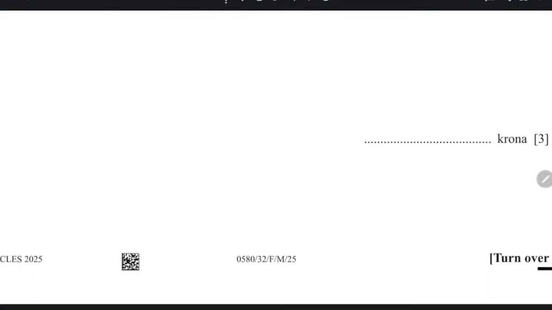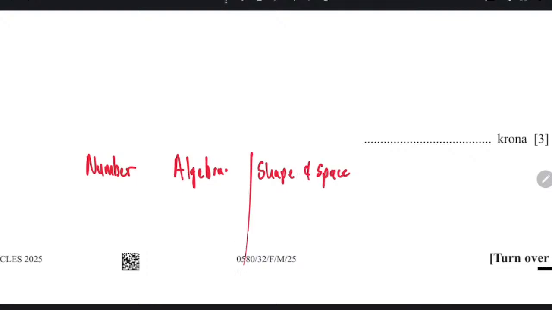There is number, there is algebra where you have factorizing, expanding, whatever, and then there is shape and space where you have circle theorems, transformations, and then you have statistics. The most marks come from number, where you have exchange rate, interest, percentages.